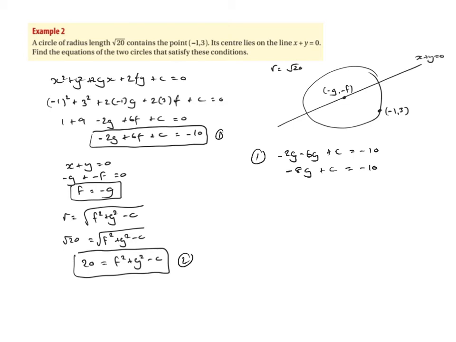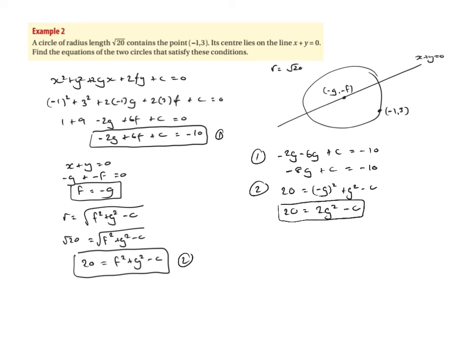That's my first equation. For my second one, what you can see is we're going to end up with 20 is equal to f squared, which is minus g all squared, because we're going to change it in, plus g squared minus c. And hopefully you can see, guys, that that's going to be 20 is equal to 2g squared, because minus g times minus g is positive g squared, so it's 2g squared minus c.